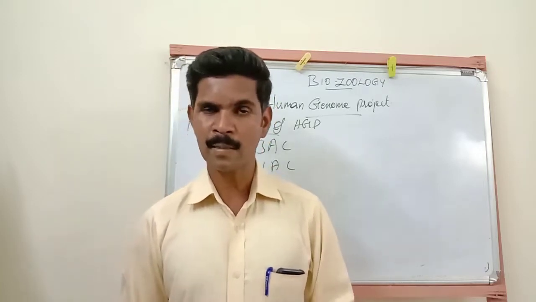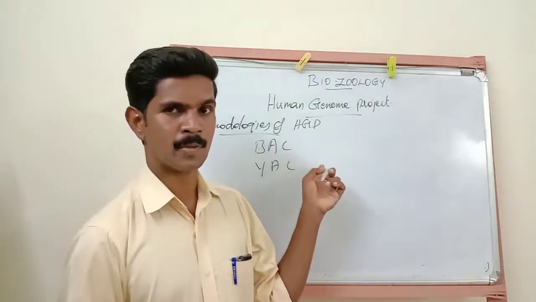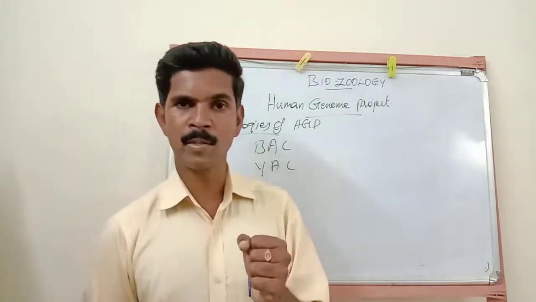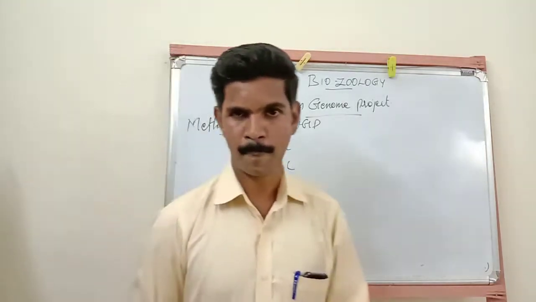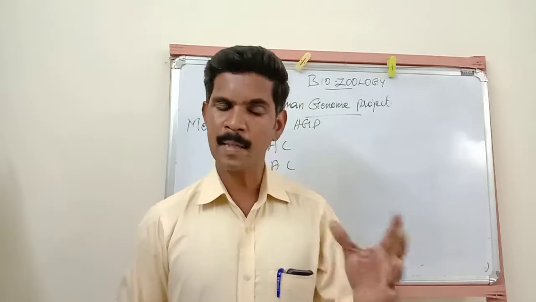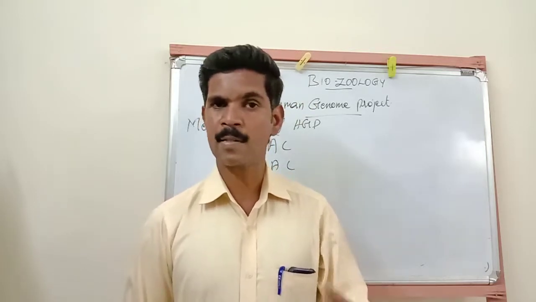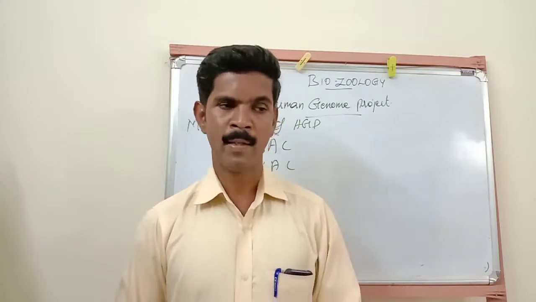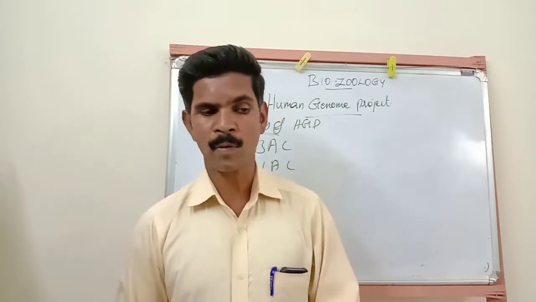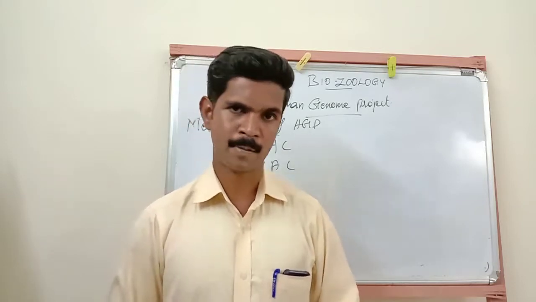If it is bacteria, it is called BAC, bacterial artificial chromosome. If yeast is used, it is called YAC, yeast artificial chromosome. Understand? Then these DNA fragments are sequenced by using automated DNA sequencer devices. After the sequencing process is over, all this information is stored by using computer programs.